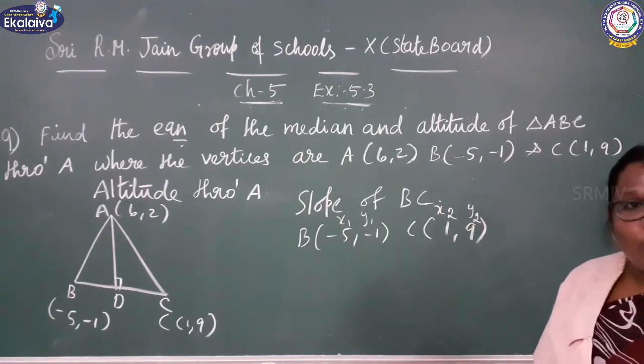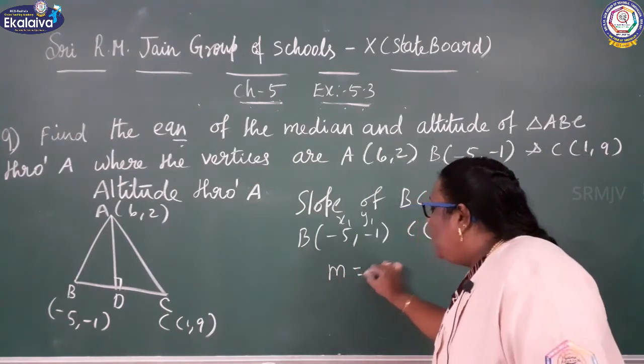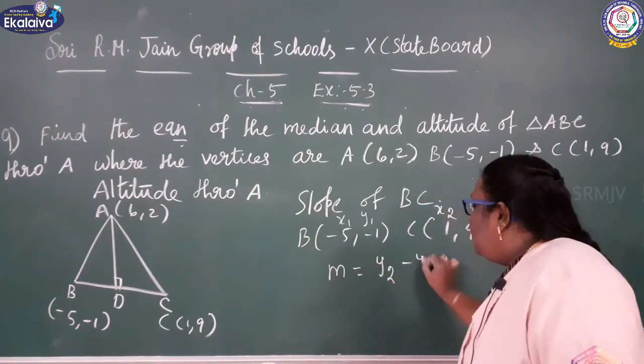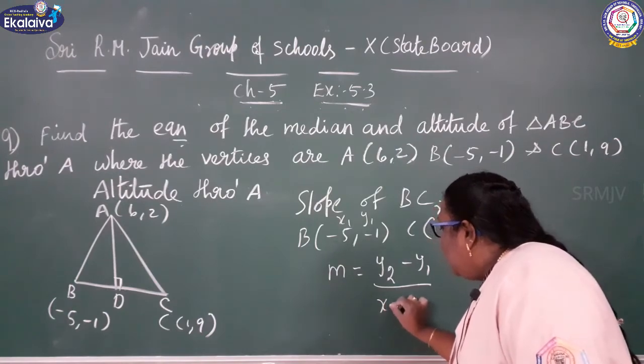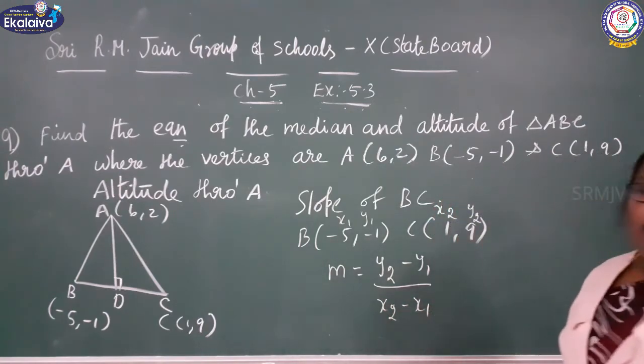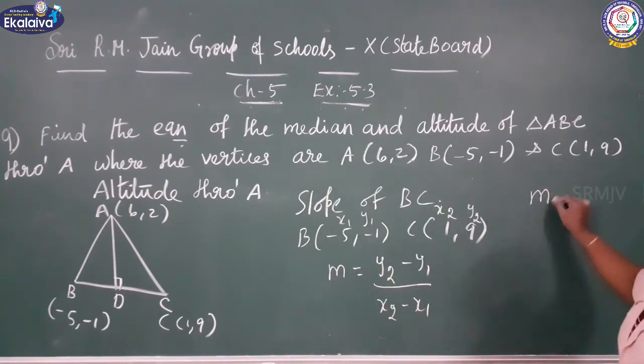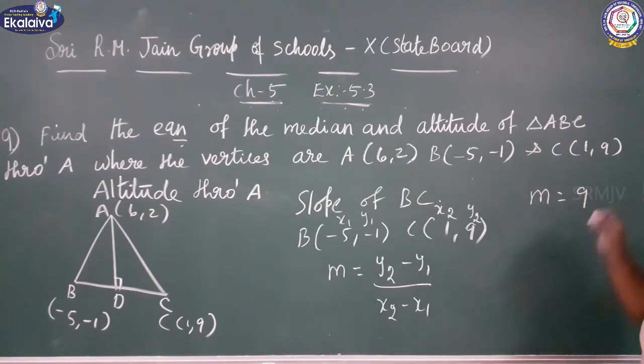M equal to, what is the formula? y2 minus y1 by x2 minus x1. M equal to y2 is 9 minus y1 which is minus 1, by x2, x2 is 1 minus of minus 5.